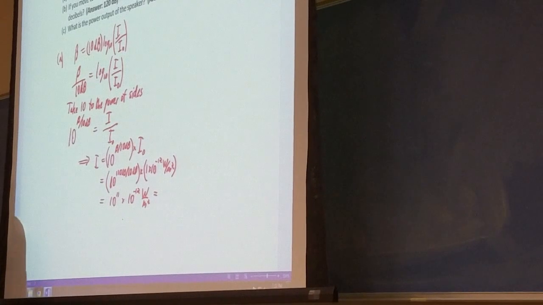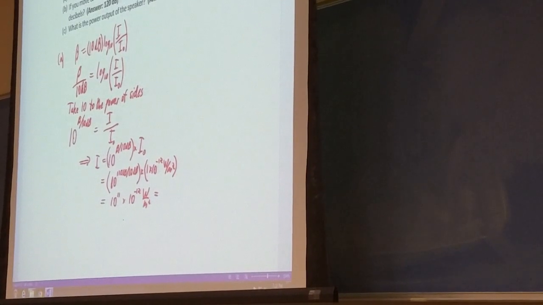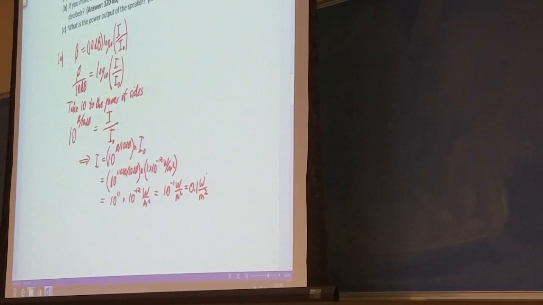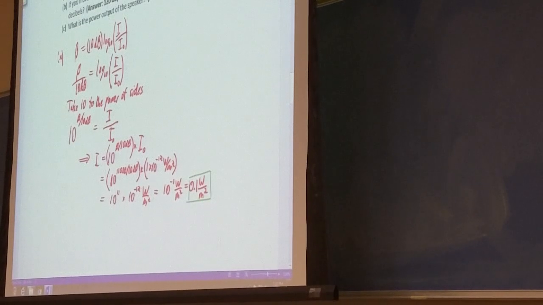So it's 10 to the minus 1 watts per meter squared, which is 0.1 watts per meter squared. Okay, so let me put a box around that and go on to part B.